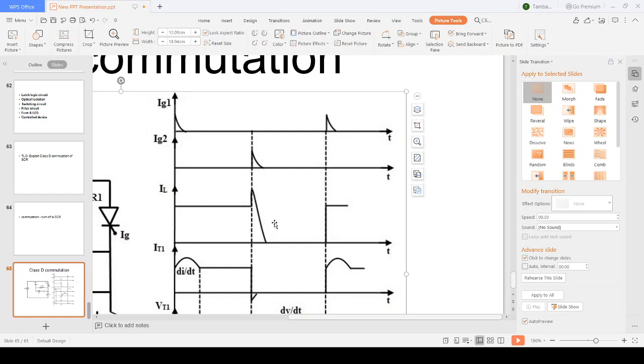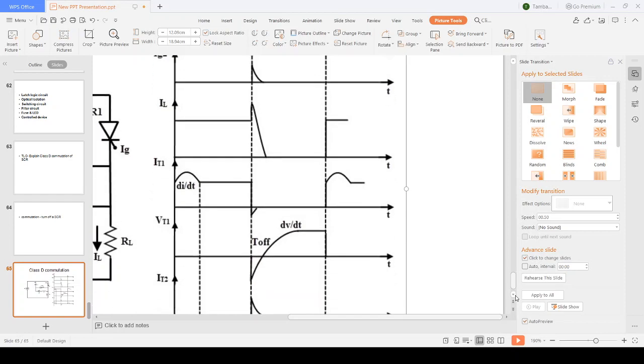It means no current flows through the load, because the Ig2 will turn off the first SCR and the value of load current becomes 0. This is one cycle, from this point up to this point. This cycle will repeat itself after a regular interval.